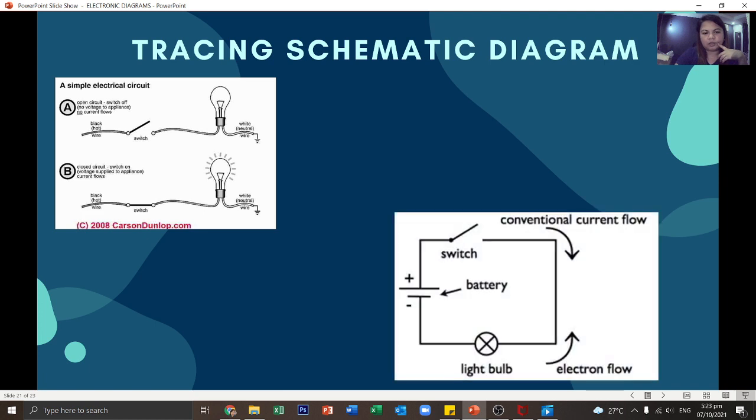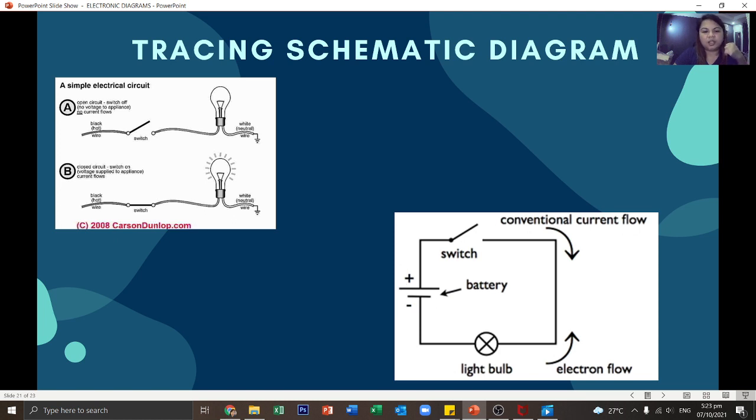But do you think really that the electron flows from positive to negative? Okay, this is a schematic diagram. The electrons are negatively charged bodies, right? So therefore, where do you think they will be located in the battery? Are they on the positive or the negative?